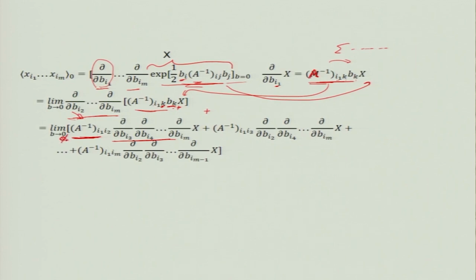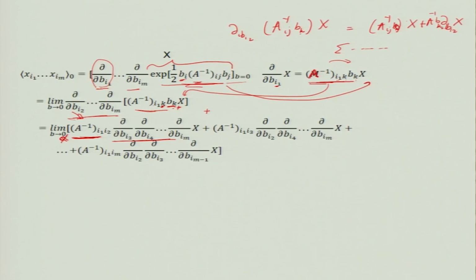I think this is slightly complicated, my head is also spinning. A inverse Ij Bk multiplied by x, I do Bi2. So, Bi2 acts on this. So, this is A inverse Ij Bk, and Bk is gone and x will be there, plus then Bi2 x will come, and then A inverse Bk will come.